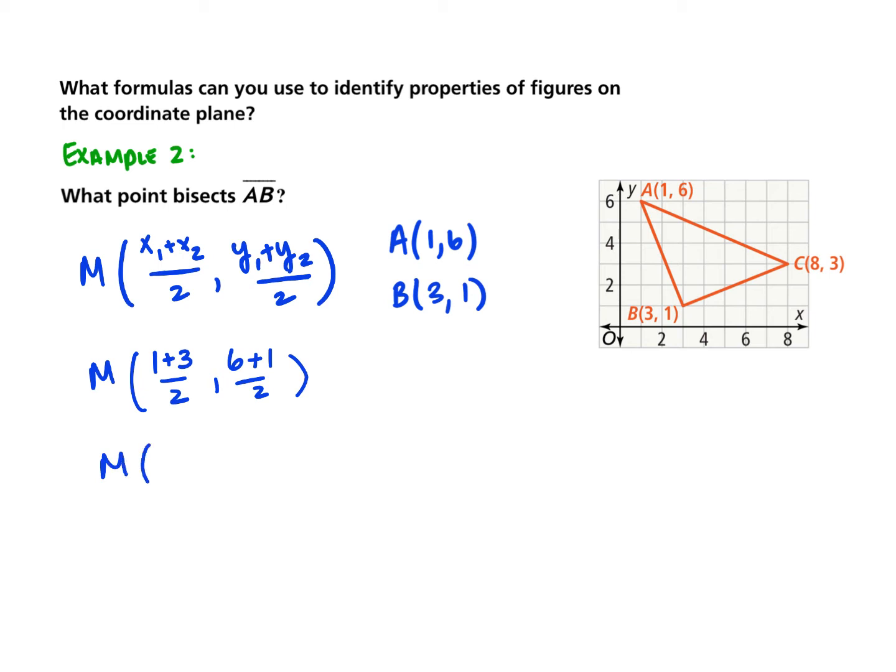So my midpoint will be at 4 divided by 2, 7 divided by 2, which would put it at 2, 3.5. Now I always just want to make sure that that answer would make sense based on the picture. If I graphed the point 2, 3.5, it would put me right about there, which does indeed look like it's probably the midpoint between A and B.